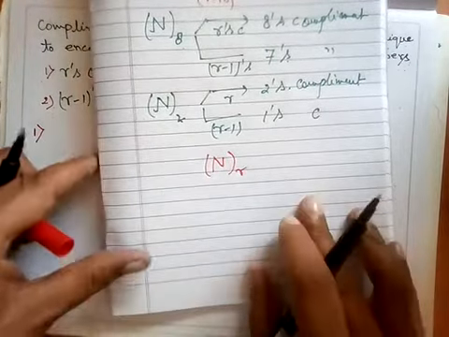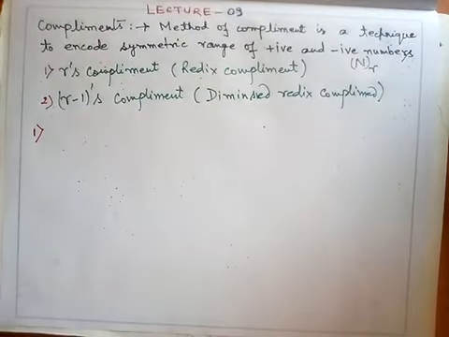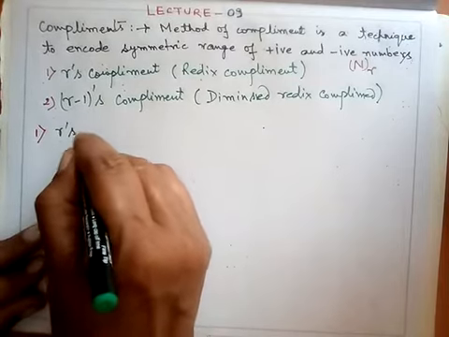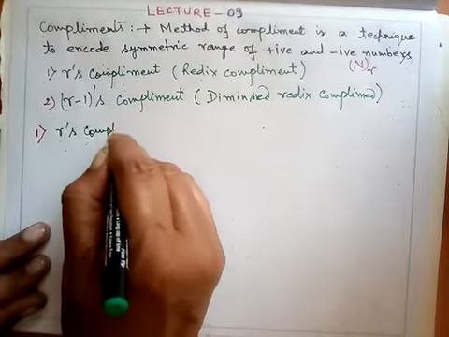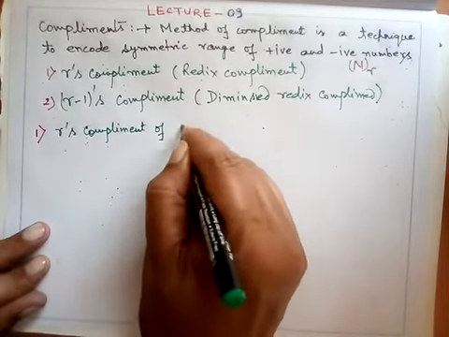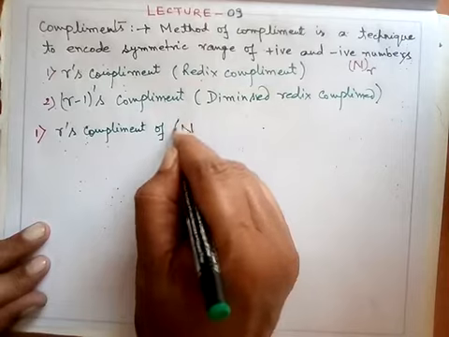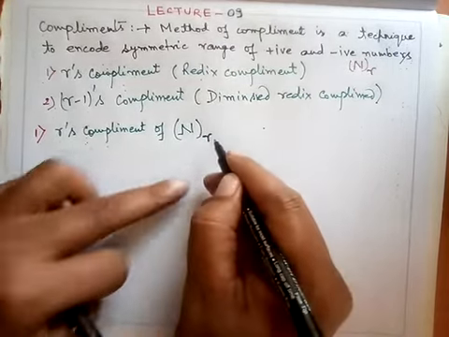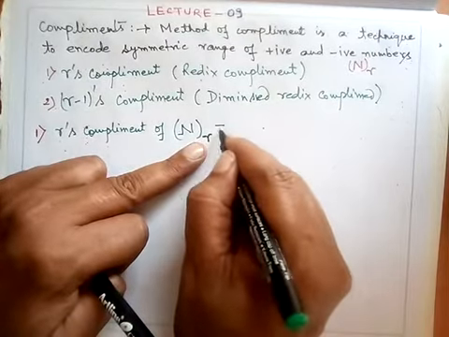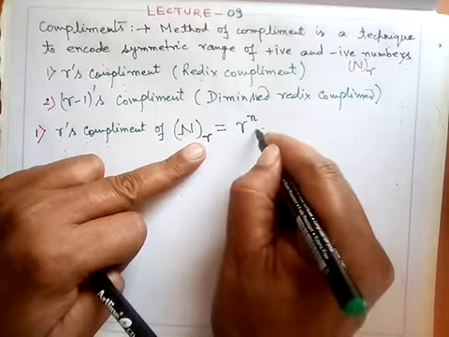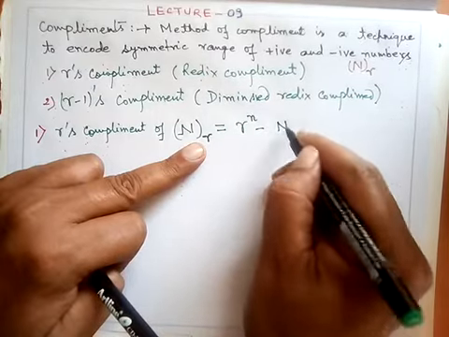The definition says that the r's complement of a number n with base r, or with radix r, is given by r to the power n minus the number n with base r.